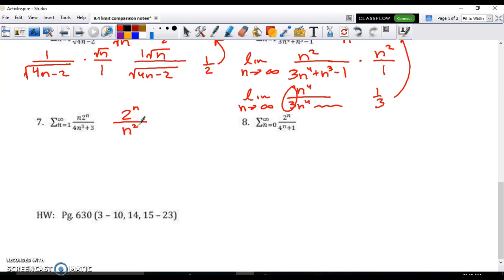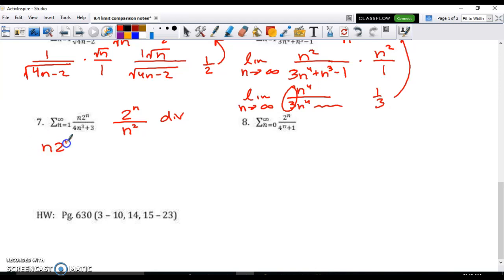So if I were to take the derivative, this eventually would zero out, or I would at least get something smaller. But this is not. It's going to stay the same. So this is going to diverge by that nth term test, and that was the first test that we had talked about.